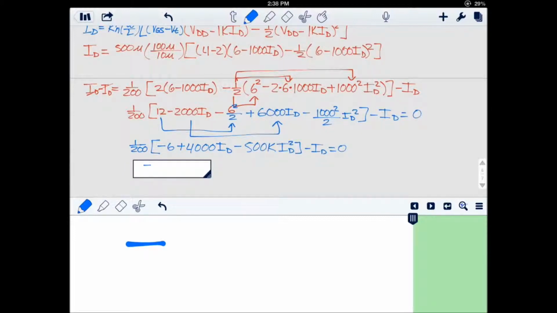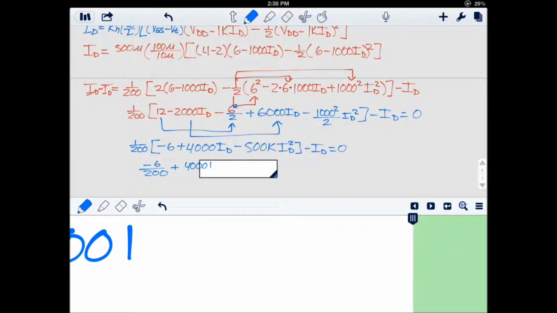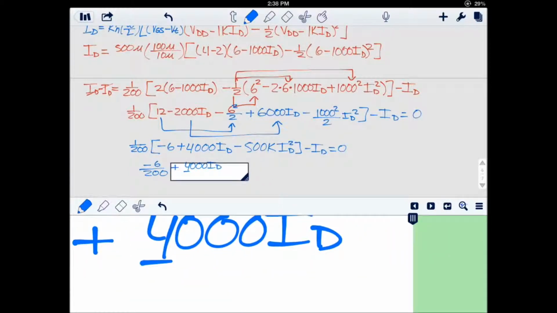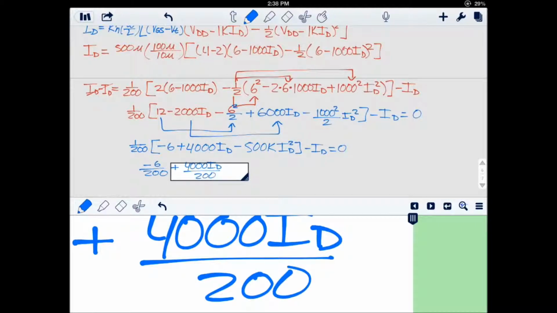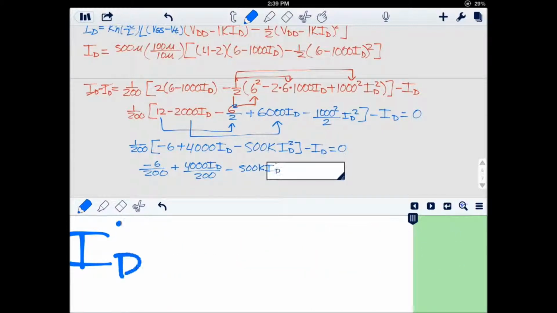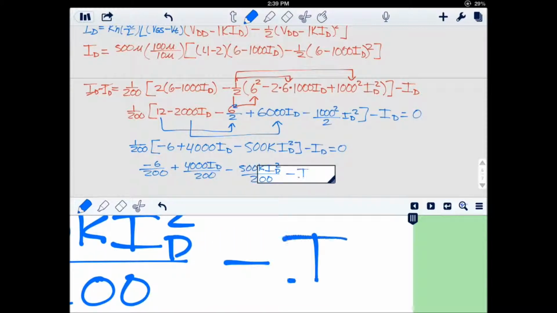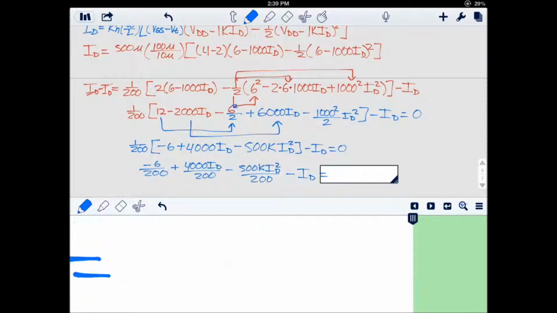So we have negative 6 over 200, 4,000 ID over 200, negative 500K ID squared over 200, all that minus ID equals 0.